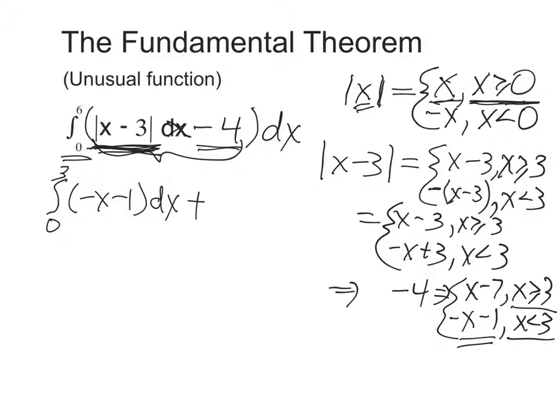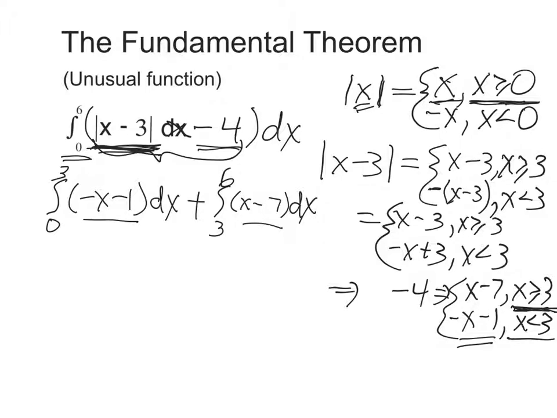And then we add the second part to it from 3 on up to 6. That's going to be true for x being greater than or equal to 3. So we would integrate x minus 7 from 3 to 6. Because of the definition of this function, we have to go through that first before we can get it into a form where we can use the fundamental theorem.